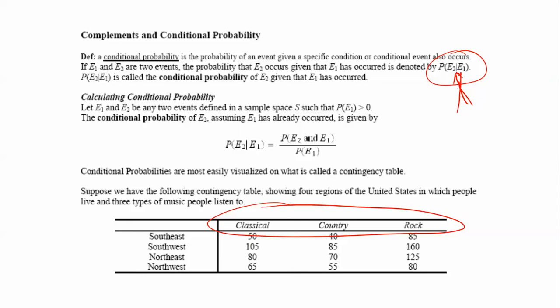At least you can't respond twice. And then the same with the rows here, which is if you live in the southeast, you can't also live in the southwest. However, you could live in the southeast and like classical music. So both events could take place.